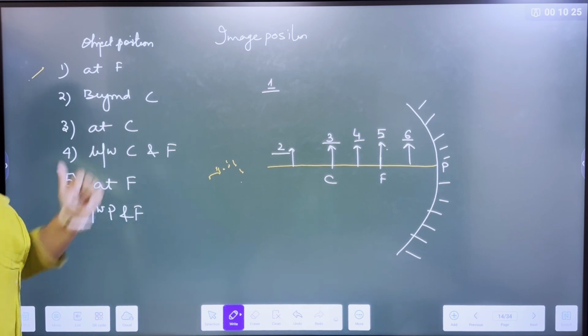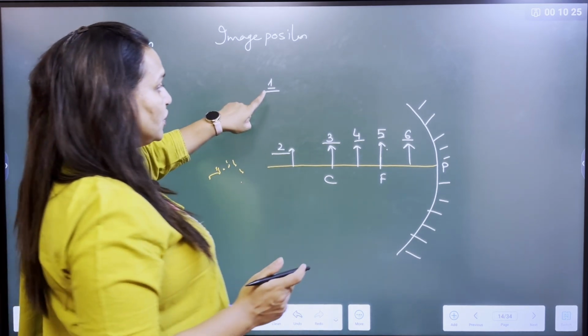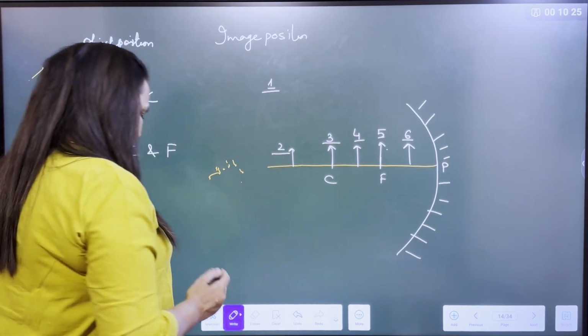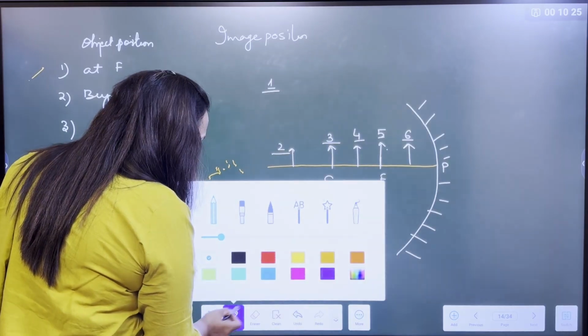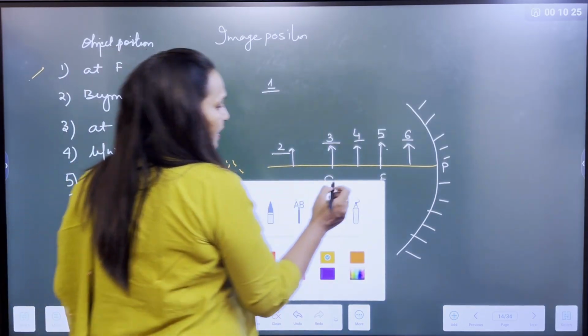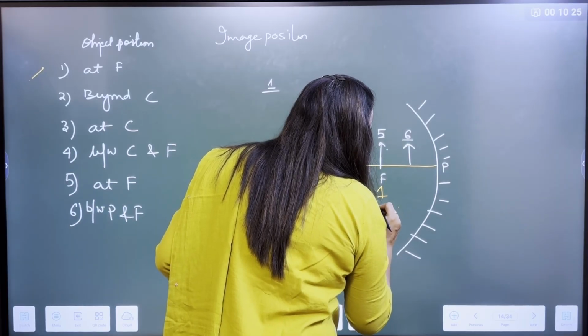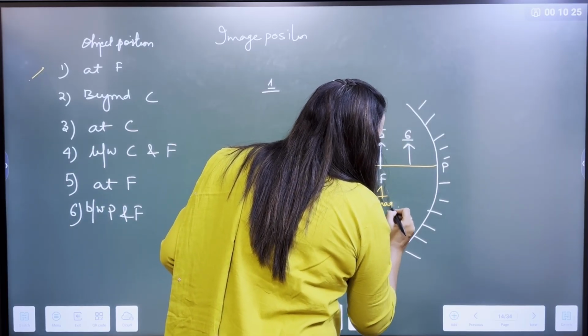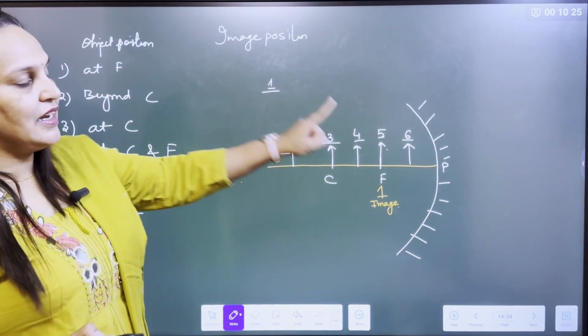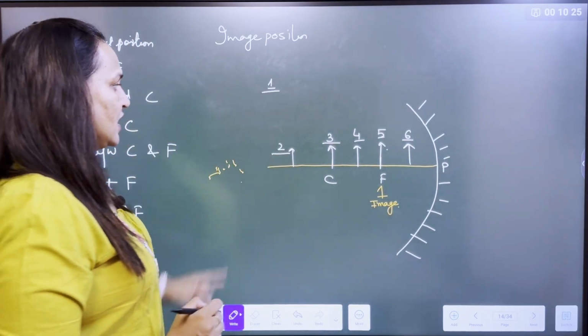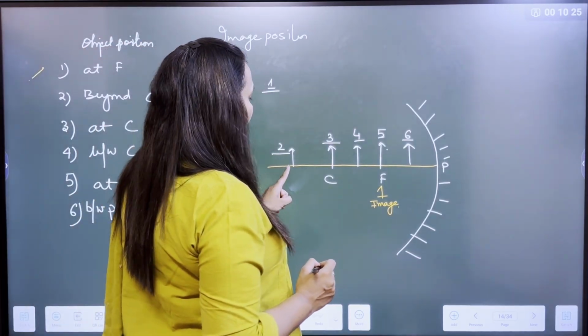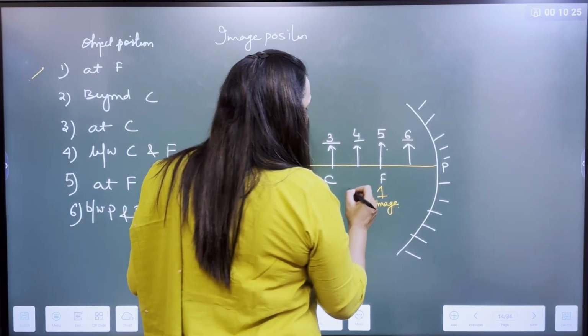Got it? Now, if the position of object is in infinity first, where does the image form? Listen carefully. At focus. This is the image for the first object. If the object at infinity, image is at focus. If the object is beyond C, where the image will form?